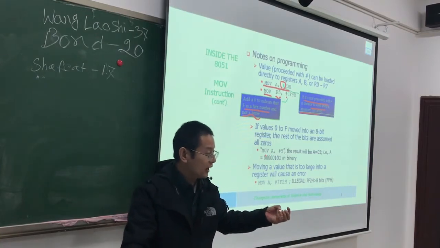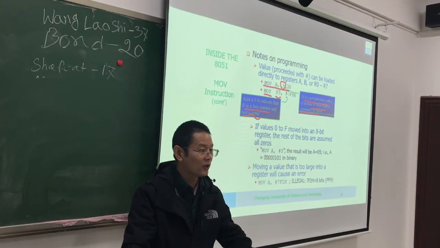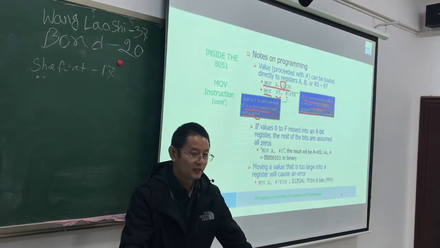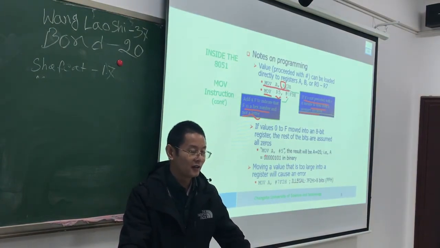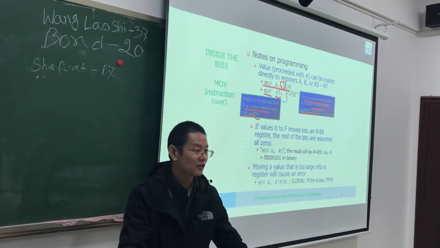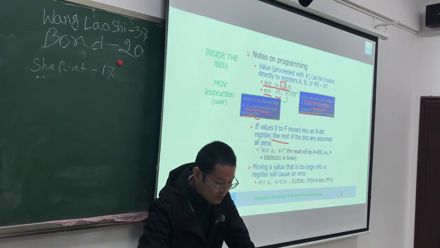One register has 8 bits. If your number is less than 8 bits, the rest of the bits are assumed all 0. Move A, pound 5.